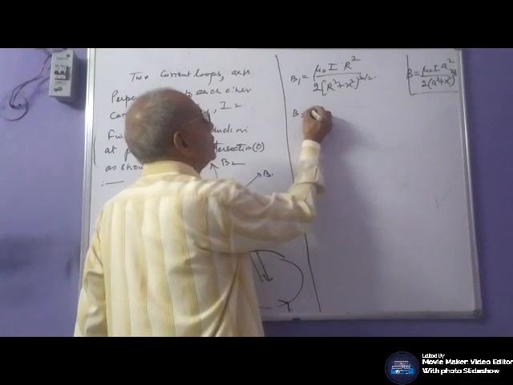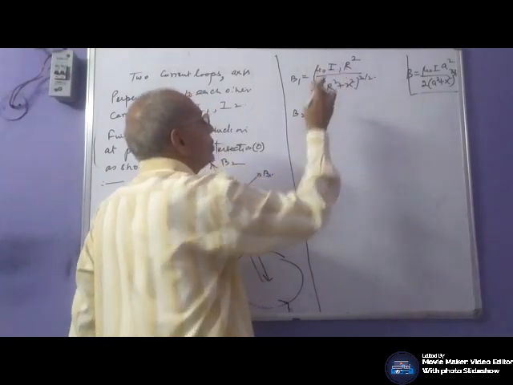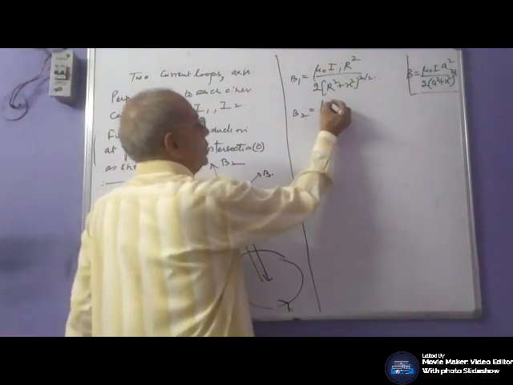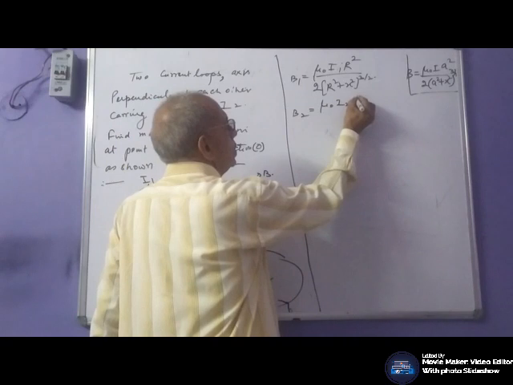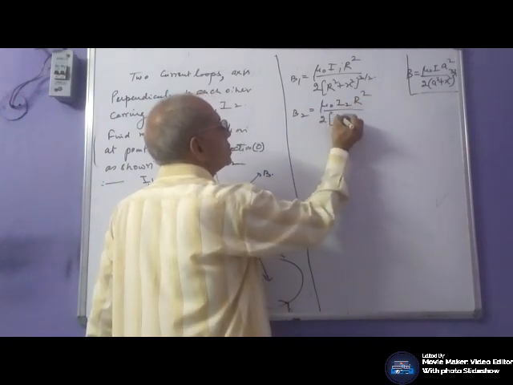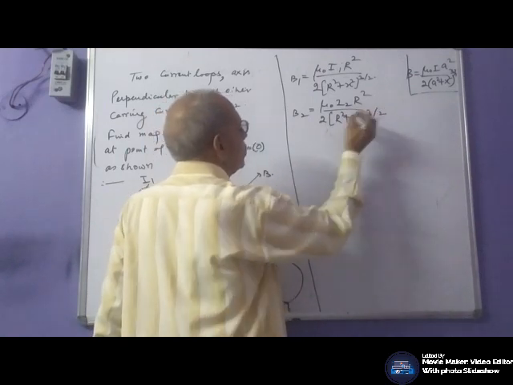B2 is mu naught I2 R square by 2 (R square plus X square) to the 3 by 2.